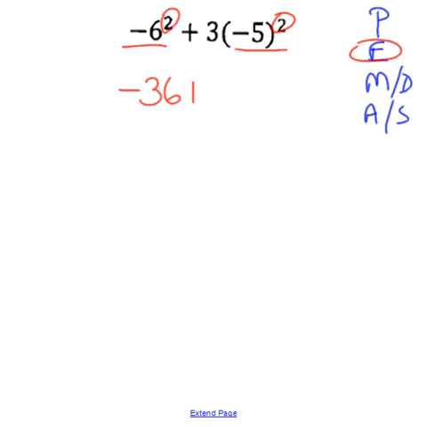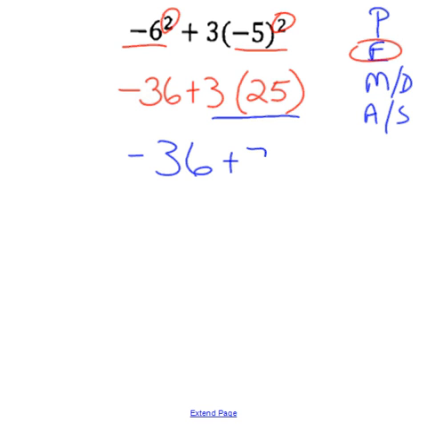Well, -5 times itself is +25. So now I've got to do my 3 times 25. So I've got -36 plus 75. See if I can do that in my head. If it was 76, it would be 40, so it must be 39. Positive 39.